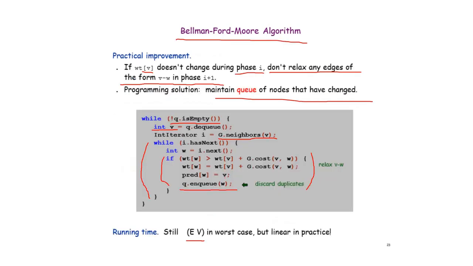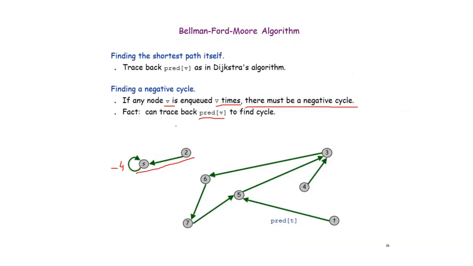If you remember, we keep track of the previous element of each vertex. For example, if we reached vertex W from vertex V, then the previous element of W was V. If we trace back by these records, then we can find the cycle.